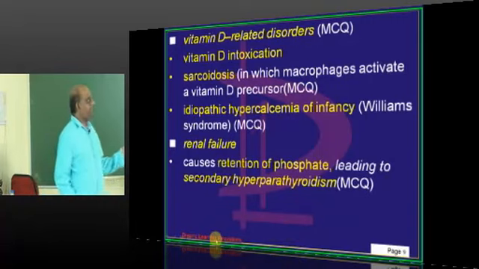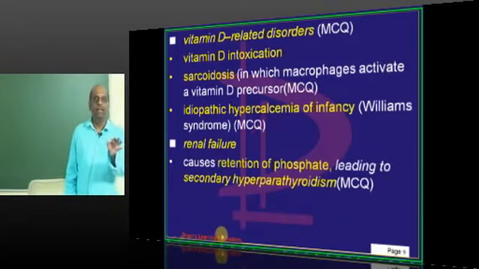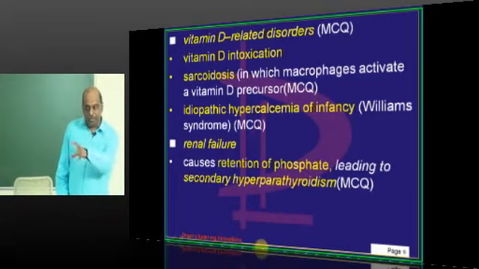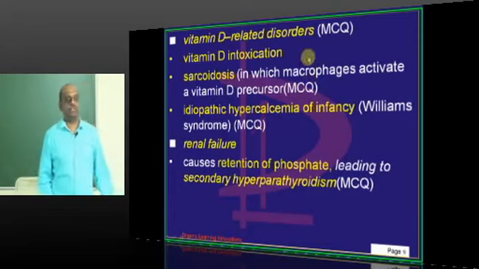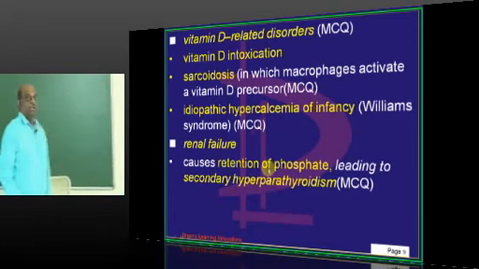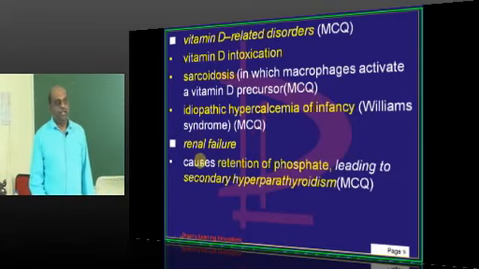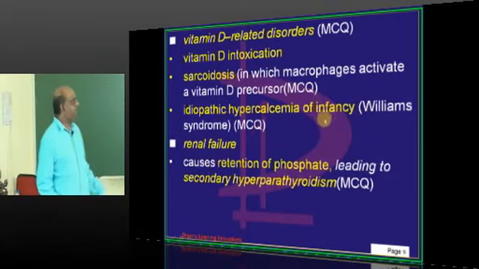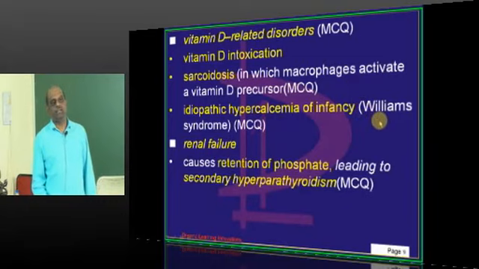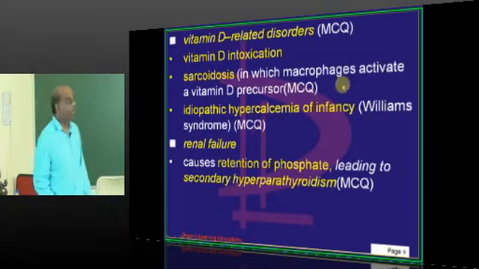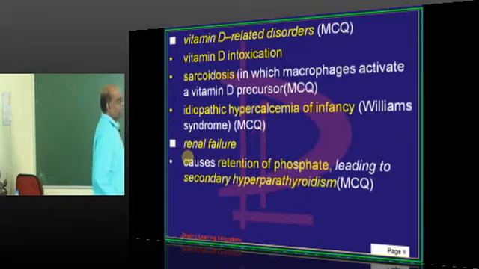Macrophages secrete a vitamin D precursor, which leads to increased calcium absorption, leading to hypercalcemia in sarcoidosis. This needs to be remembered. Then entities like Williams syndrome, you should not forget. It is called idiopathic hypercalcemia of infancy.